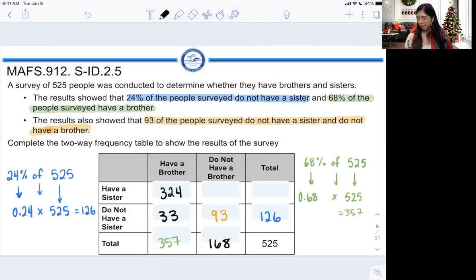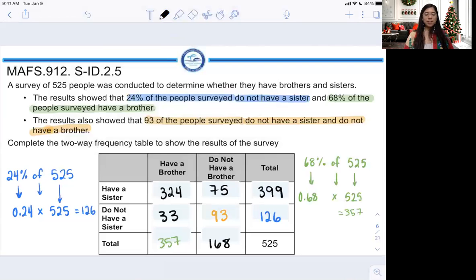Fill out the rest. How many people have a sister but do not have a brother? 75. And finally, 324 plus 75, 399. Good job, guys.